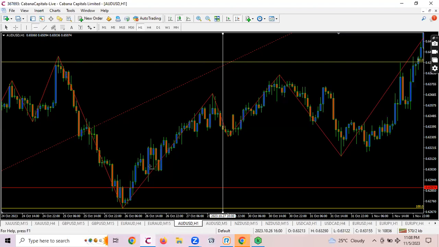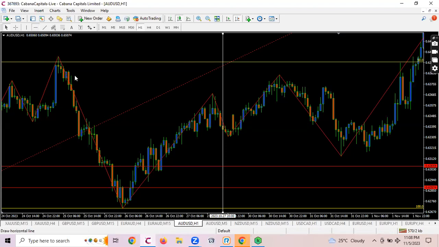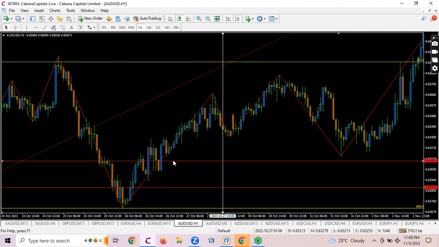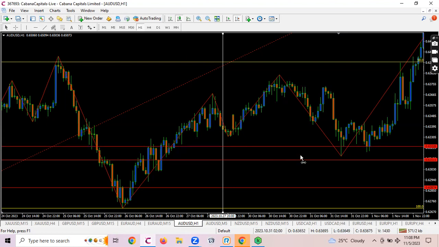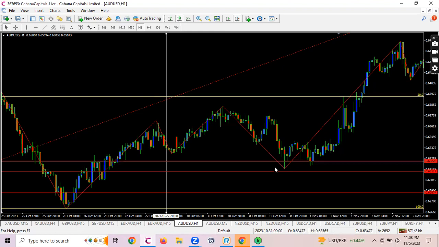So I think that was the gap. Can you see this gap? That was the reason for that pullback.